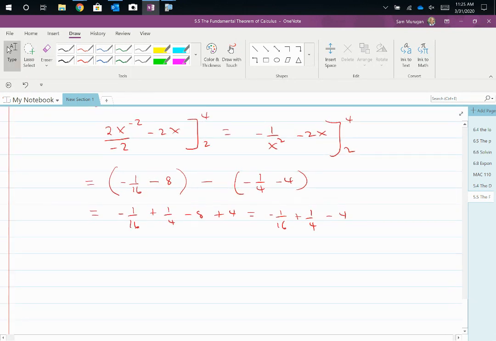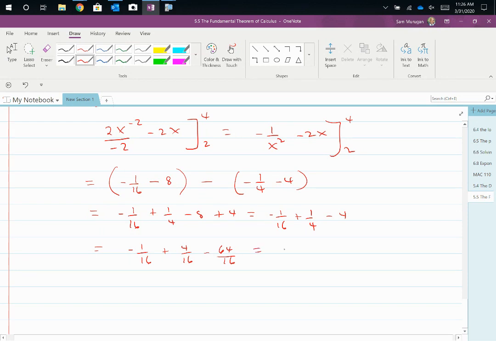Okay, so we need to make everything the denominator 16. So this is negative 16 plus 4 over 16, and then 4 times 4, which is negative 16. Sorry, 16 times 4. That's negative 64 over 16.